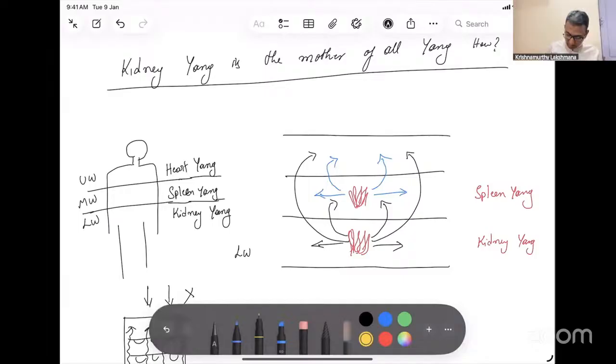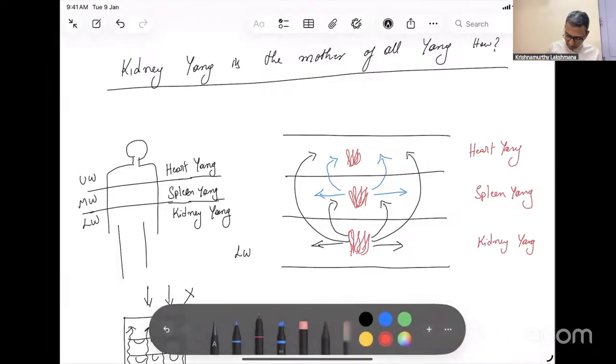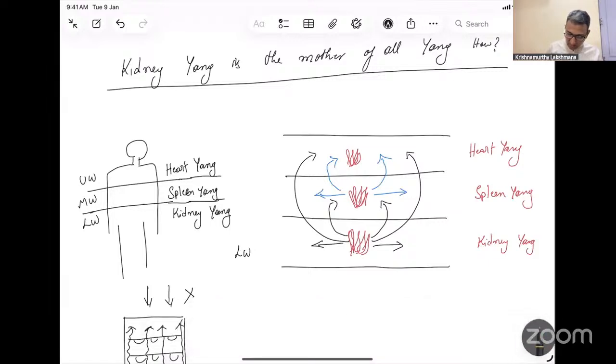And the third one is the heart yang. So the heart yang covers the heat in its own place.